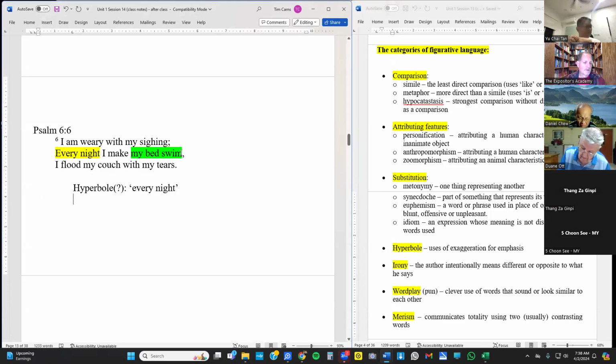Yeah, notice here, he's comparing his bed to something, isn't he? Yeah, it swims. So what do you think that is? Personification. Okay, personification. Yeah.